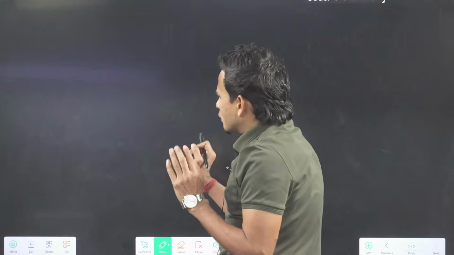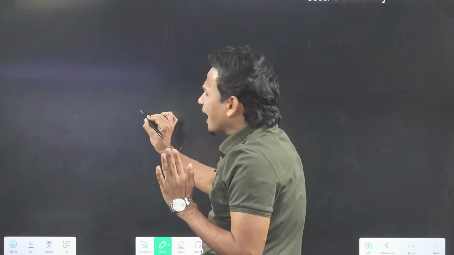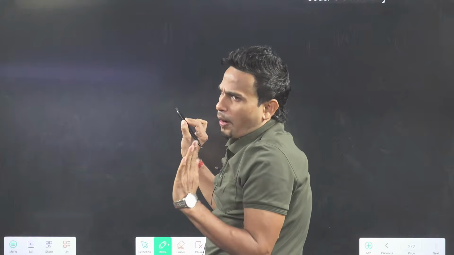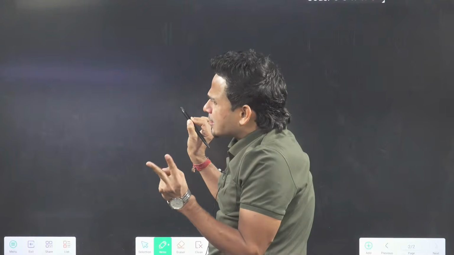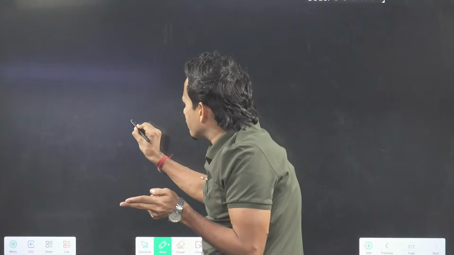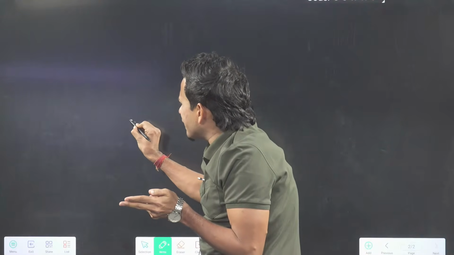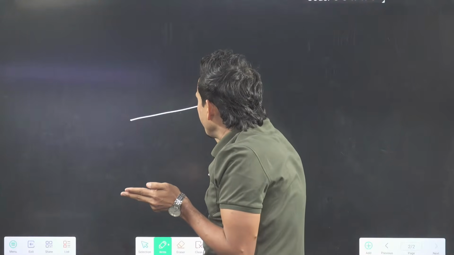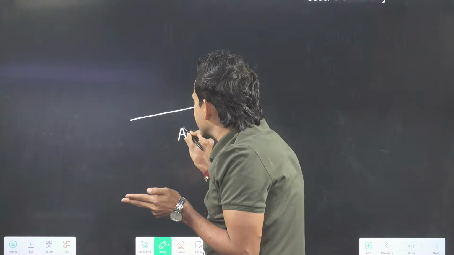So triangle law of vector addition says whenever 2 vectors are given such that the head of the first vector lies at the tail of the second vector. For example, let's assume I have one vector A bar like this.